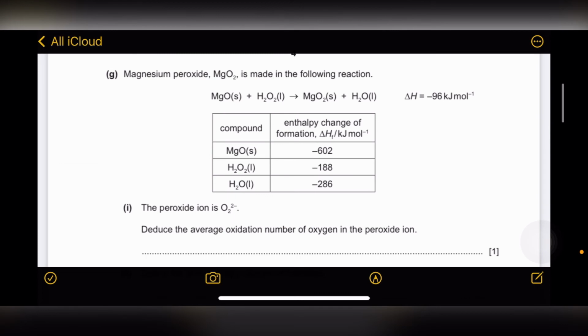Now the next part says magnesium peroxide is made in the following reaction. Alright, now this is information given. Now the peroxide ion is O2 minus 2, to reduce the oxidation number of oxygen.